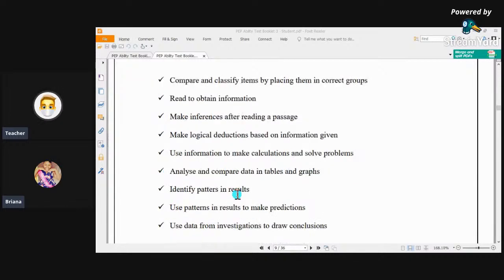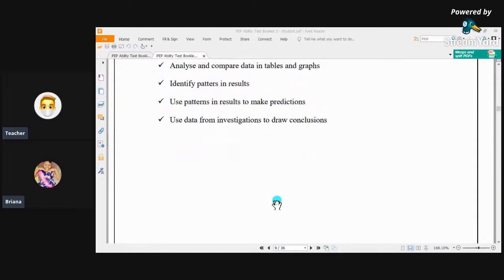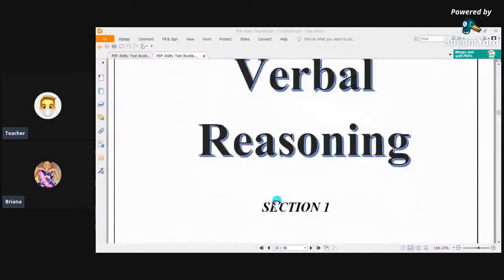Use information and make calculations and solve problems. Analyze and compare data in tables and graphs. Identify patterns in results. Use patterns in results to make predictions. So I see that this is happening over and over. What's going to happen next? All right. Use the data from investigations to draw conclusions.